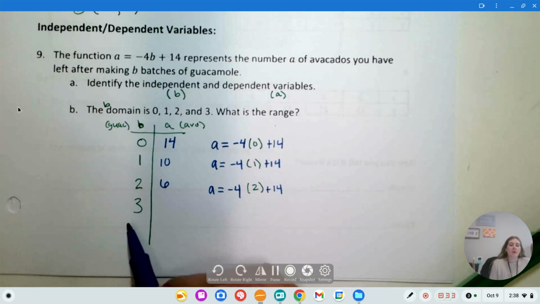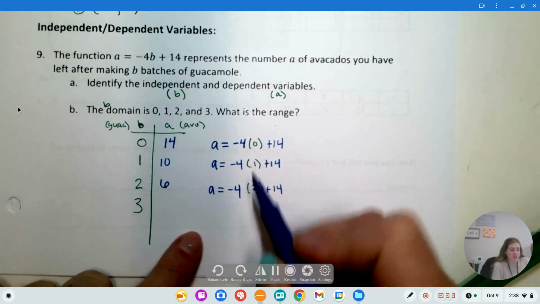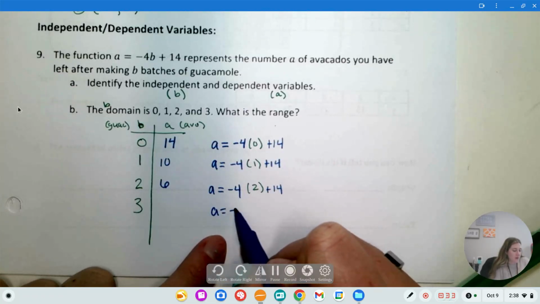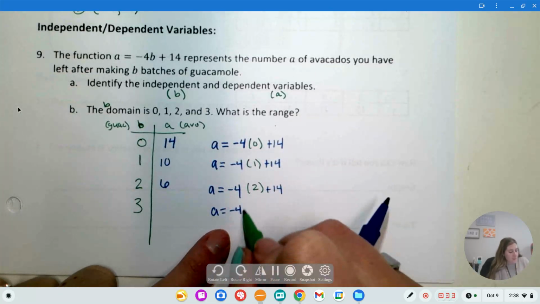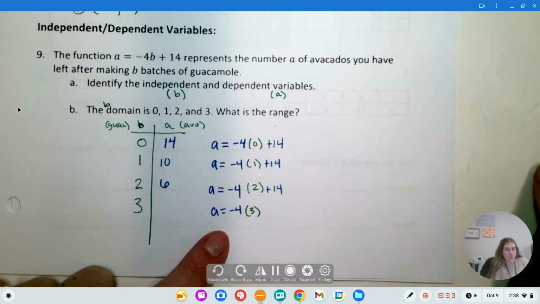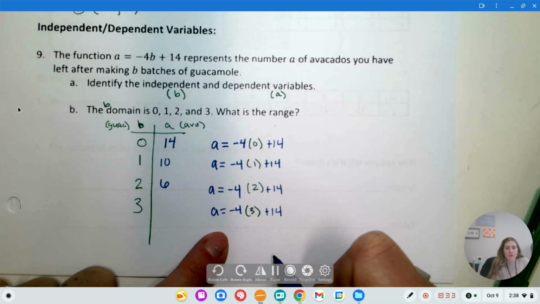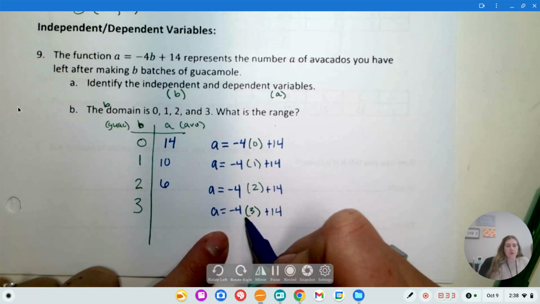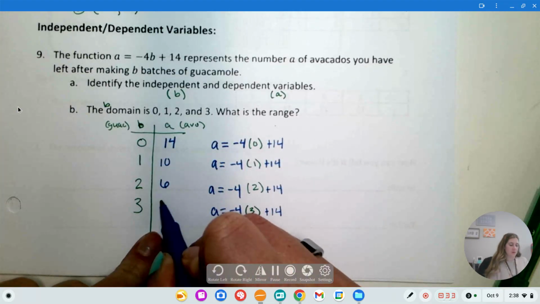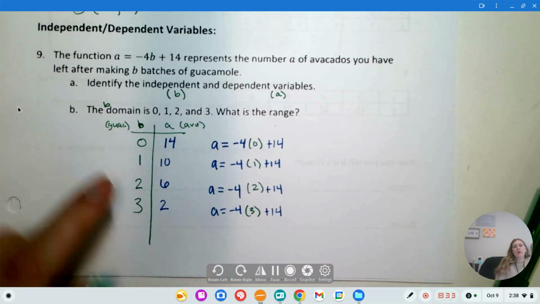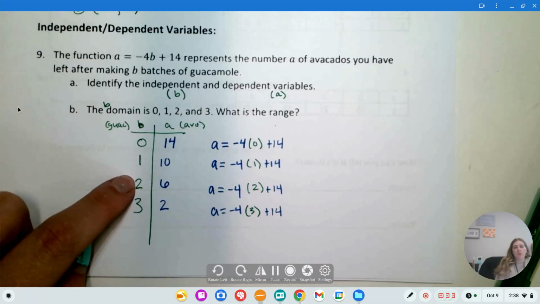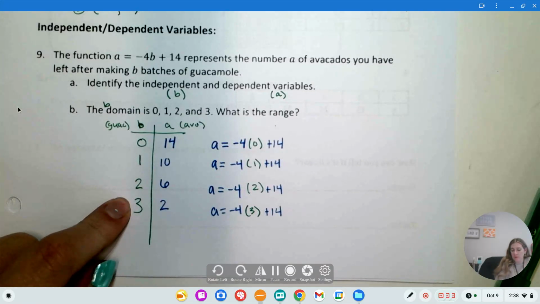And if I make 3 batches, I'm sure you've already seen a pattern, but I'm going to write it out anyway. -4 times 3 batches of guac plus 14. Well, -4 times 3 is -12 plus 14. There's only 2 avocados left. So every batch took up 4 avocados.